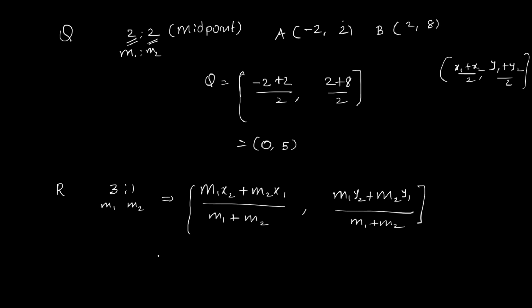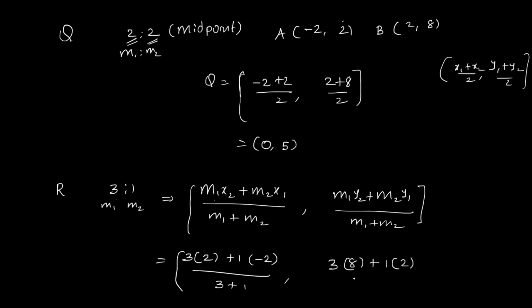So m1 is 3 into x2 which is 2, plus m2 is 1, x1 is -2, by 3 plus 1, comma, m1 is 3, y2 means 8, plus m2 is 1, y1 is 2, by 3 plus 1. Ultimately it will become 6 minus 2, 4 by 4, comma, 24 plus 2, 26 by 4. So it will become (1, 13/2).